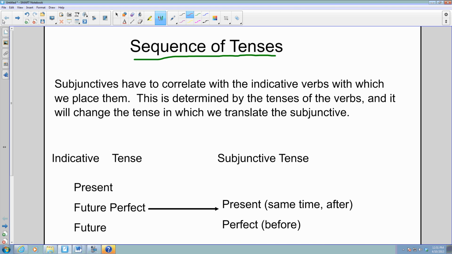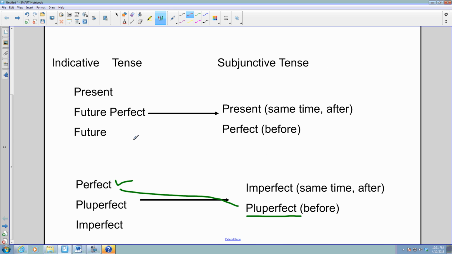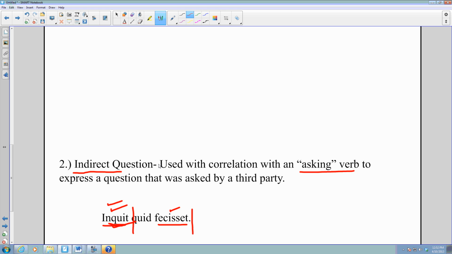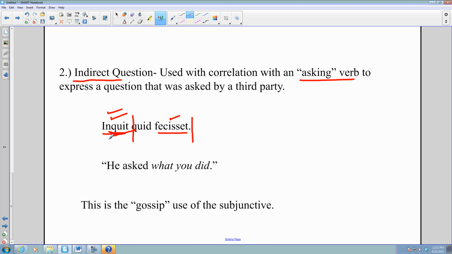Because if I go back to my sequence of tenses, remember, if I think that inquit is present, there's no way to make the sequence of tenses work. However, if I say it's perfect, now I can use my pluperfect subjunctive. So when you get into these situations where you're not sure if something is perfect or present because the forms look the same, inquit and inquit, the sequence of tenses in this case can help you figure out that this is perfect tense.